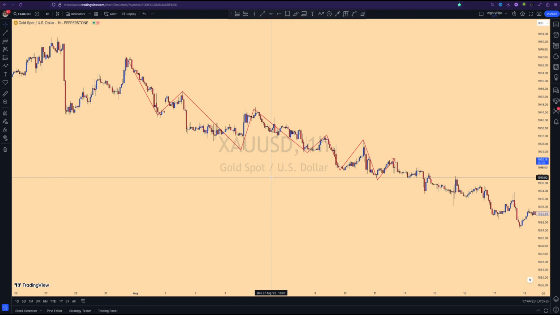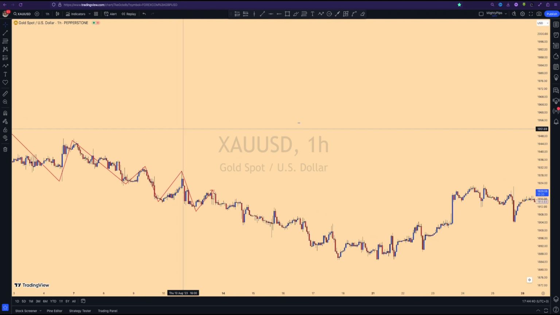If there are more sellers in the market than buyers, then you will have a downward market structure, just like this one I have shown you. A downward market structure is a formation that shows lower lows and lower highs within the market. The reverse is true for an uptrend.